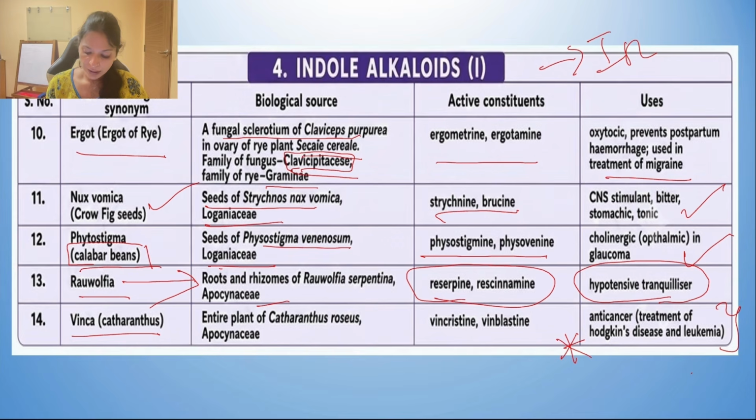The most important point to be noted is that the entire plant is the main source of alkaloids, belonging to the same family Apocynaceae. The name of the plant is Catharanthus roseus. So this is about our indole alkaloids.